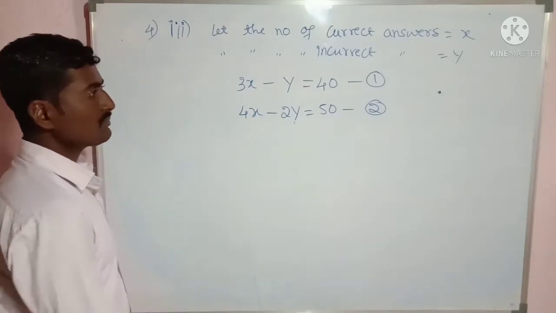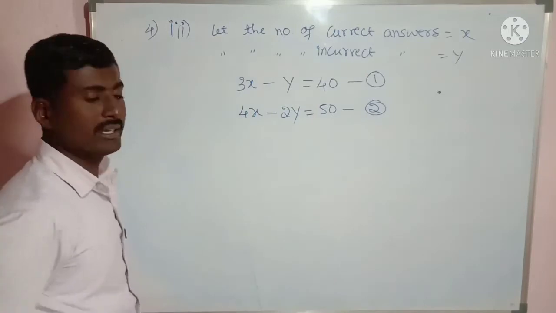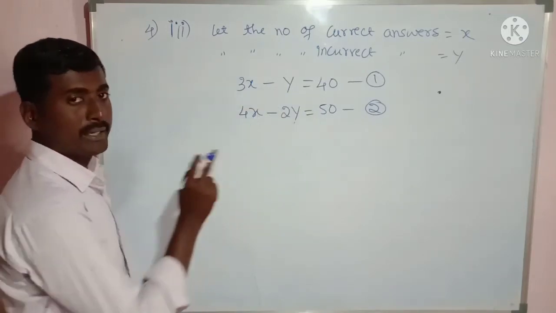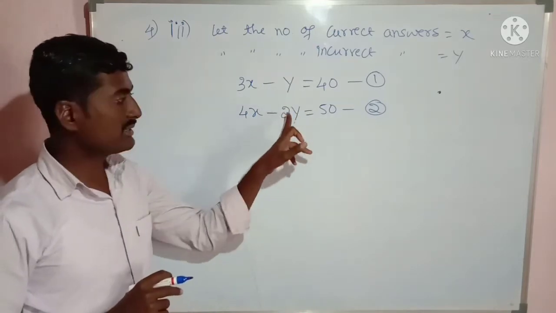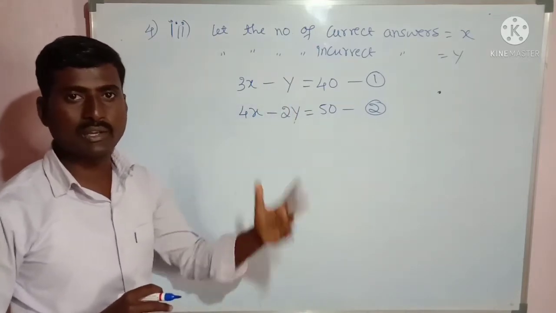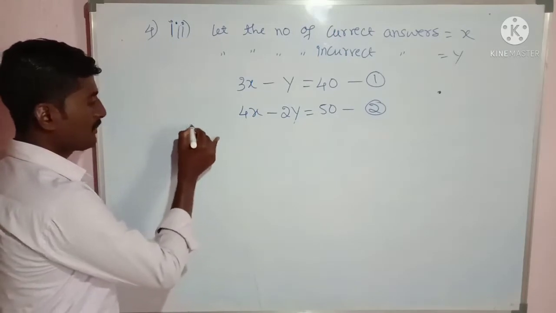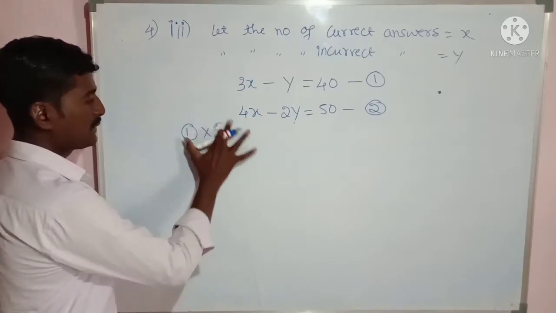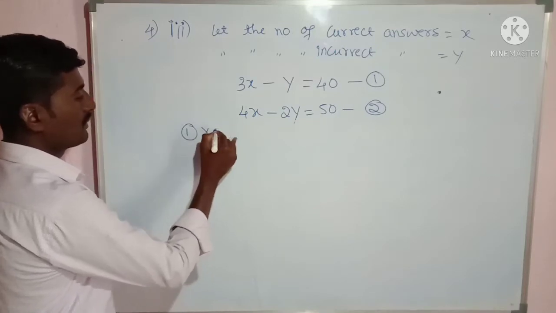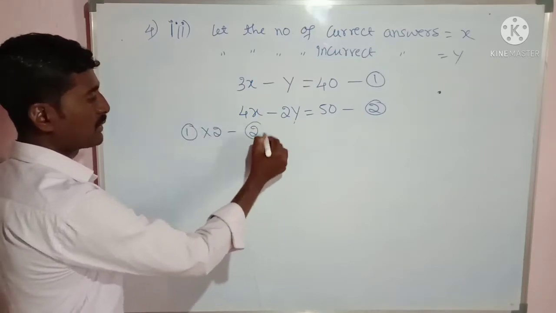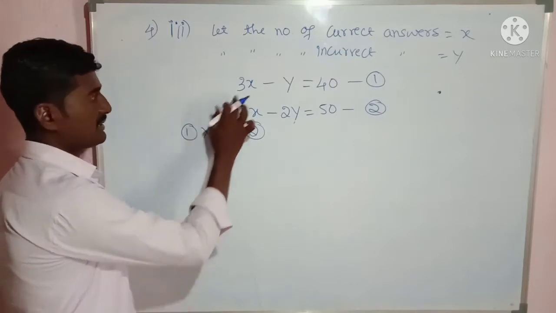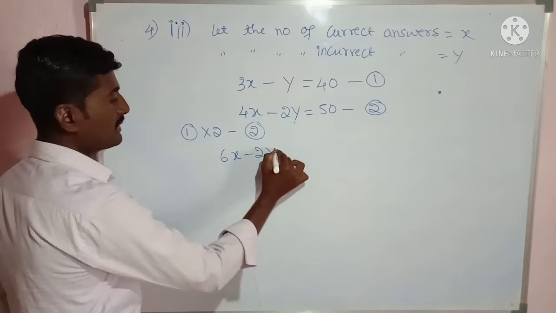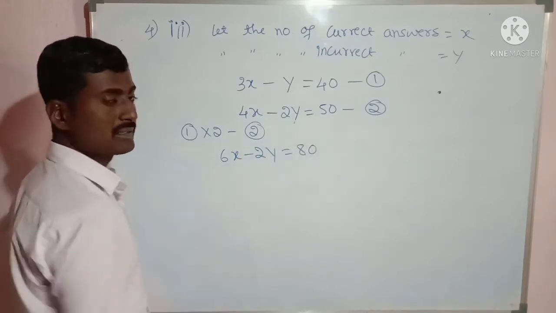Now by elimination method, I will find the value of x and y. For this equation, I will multiply by 2. This will become minus 2y. Then after subtracting, we will get the value of x. Equation number 1 into 2, minus equation number 2. So this is 3 2s are 6x minus 2y is equal to 4 2s are 8, that is 80.